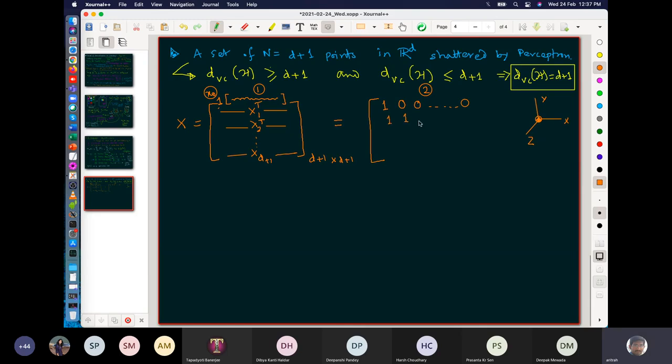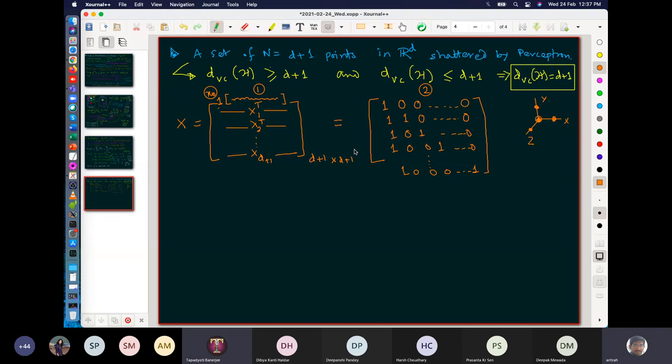Then I will take x equal to 1 and the other ones 0, which means this point. Then y equal to 1 and the other ones 0, this point. Then z equal to 1 and the other ones 0, this point. This is the most generic setting I can make of all my D plus 1 points. Yes or no?